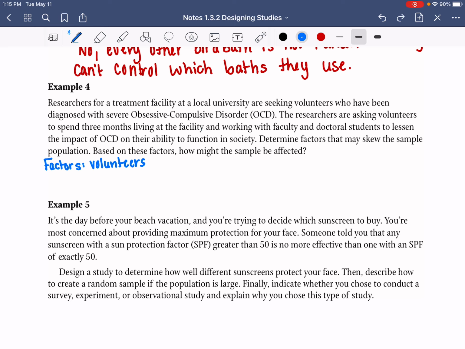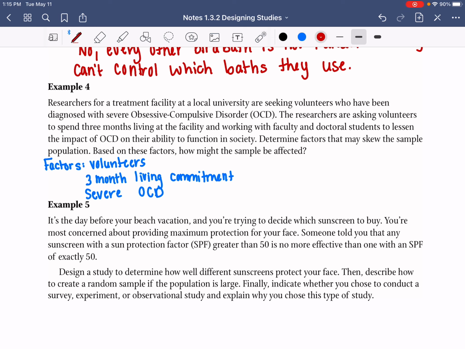This could affect some things, like not everyone can go live somewhere, especially if they have a family or job. And it says it was only people with severe OCD, so they didn't take into consideration if it was like a mild case.